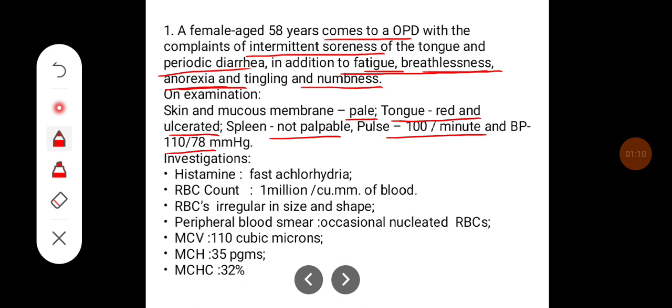Okay, so that occurs because of the deficiency of vitamin B12, and also the skin mucous membrane is pale, that tells towards reduced hemoglobin and an anemia, and spleen is not palpable, so probably the cause of the anemia is not related to hemolysis.